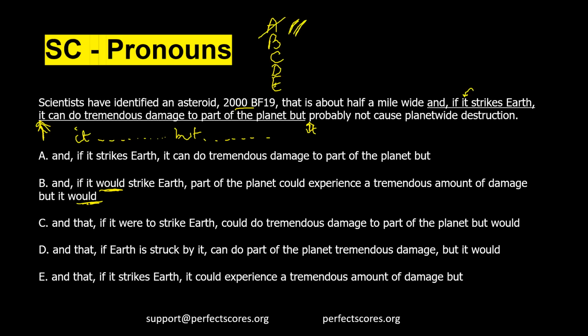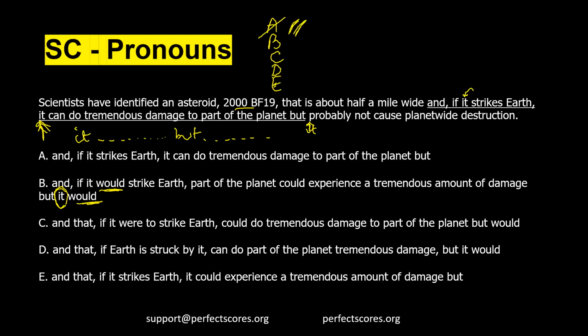Okay, if that makes sense, what about this "it"? Do you find any problem with this word? Yeah, because it could refer to Earth or the asteroid. Yes, that is completely correct.